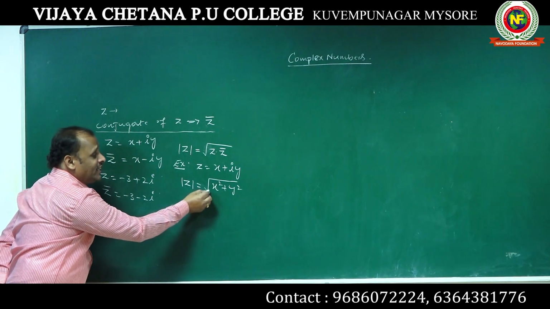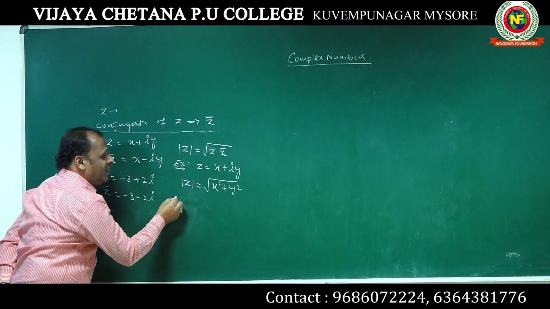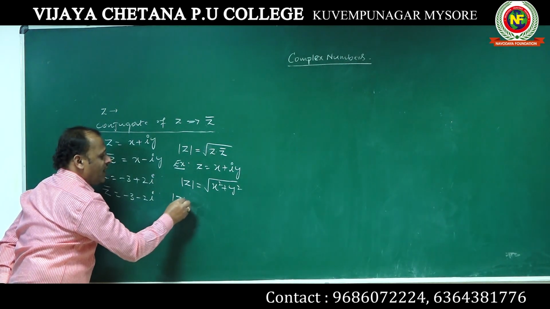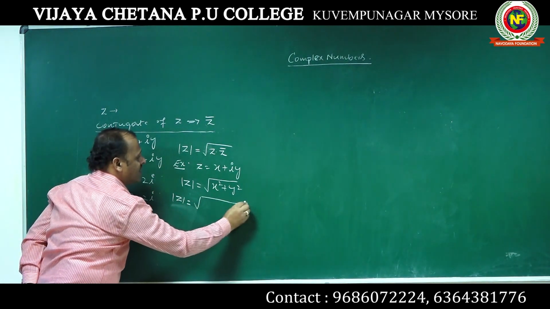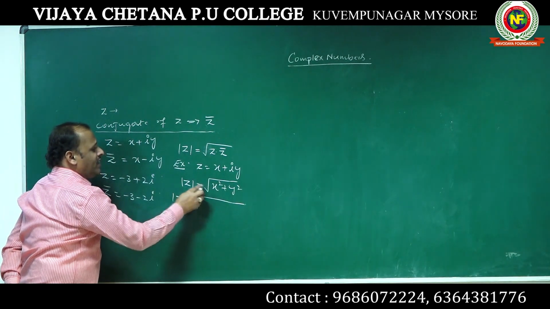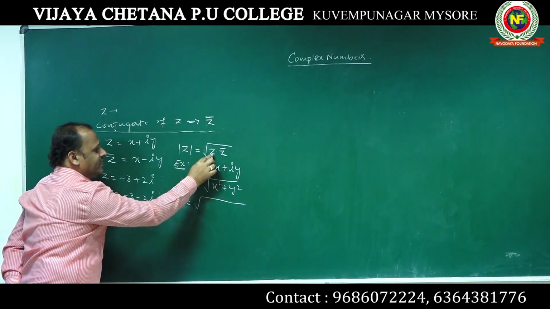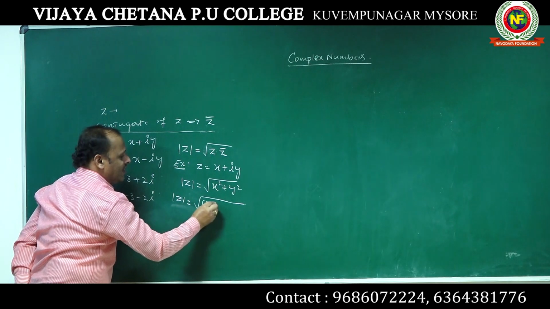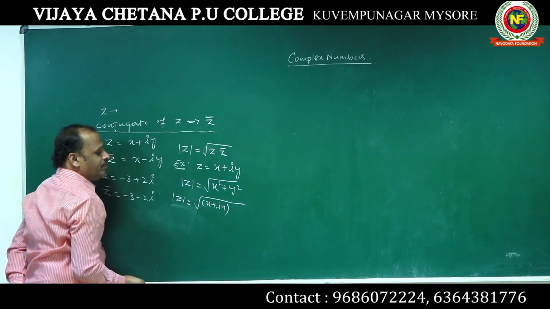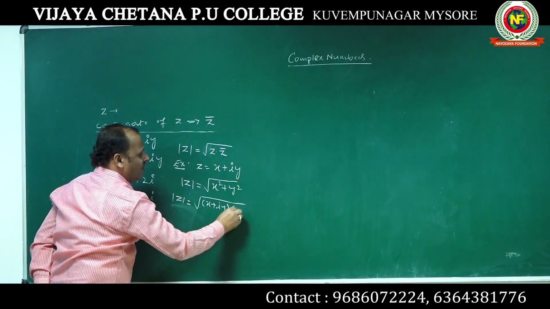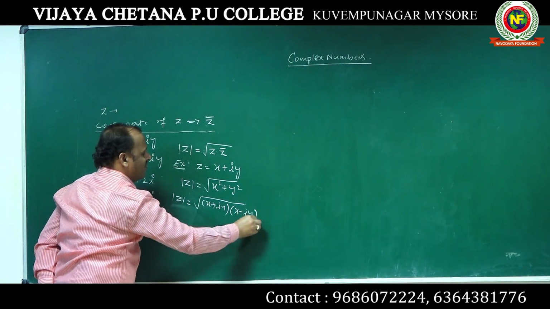How to get this x square plus y square? This is the conjugate form. Z is x plus iy, into the conjugate form x minus iy.